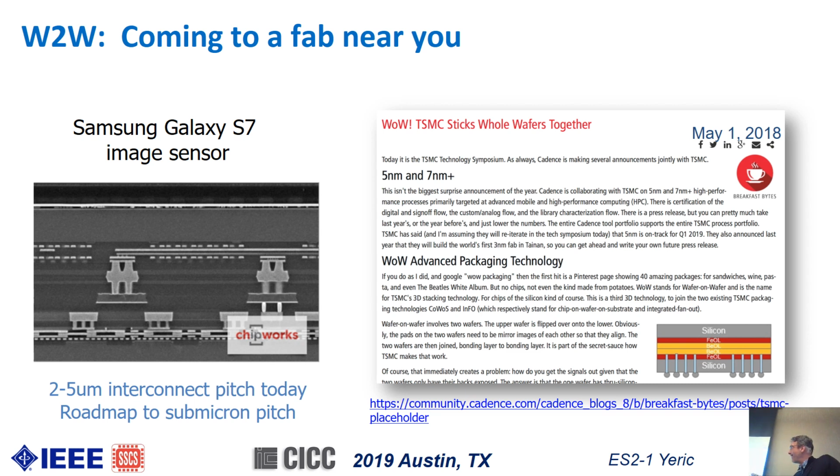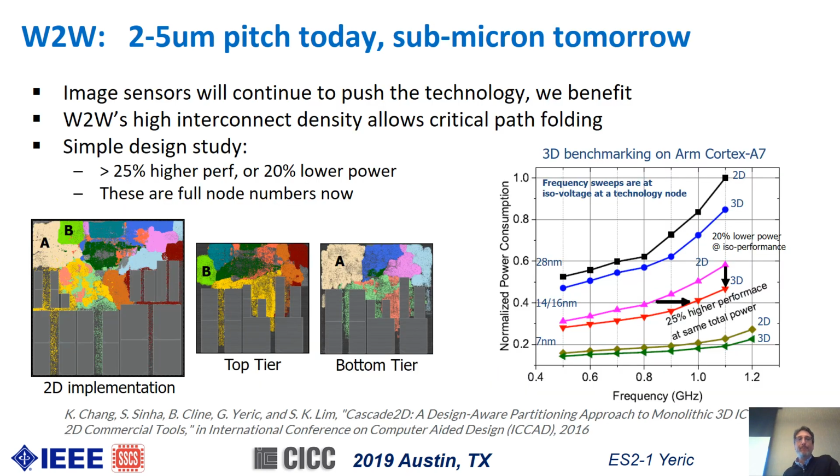As TSMC's announced, I know GlobalFoundries has announced some stuff as well, roadmap-wise, right? You can't do it right now, but I would think in this next year, you're going to see some announcements along these lines in the logic fabs. We did some studies at ARM just looking at CPU paths.